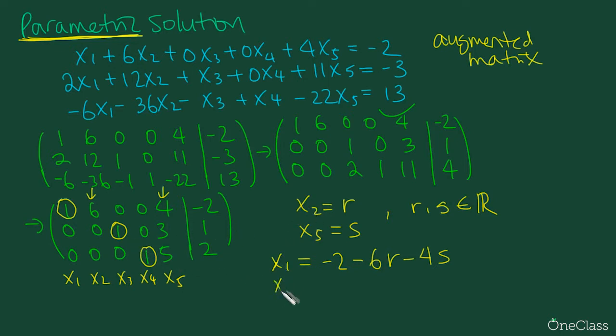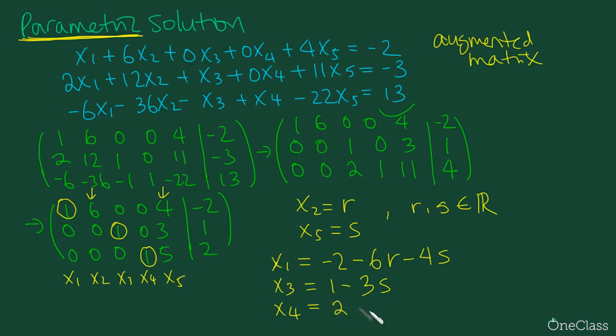x2 is here, then x3, which is the second one. Then we only have 3, so that's equal to 1 minus, because we're moving this to the other side of the equation. And because it's x5, this will be 5s. And x4 is going to be where we have the next yellow circle. We only have 5 to deal with, so we've got 2.